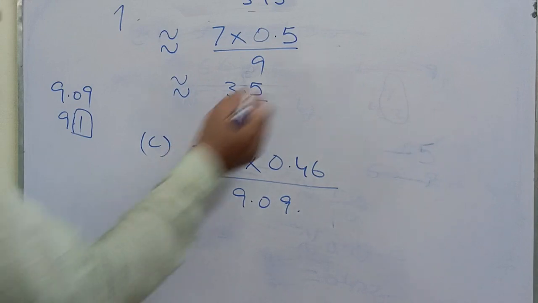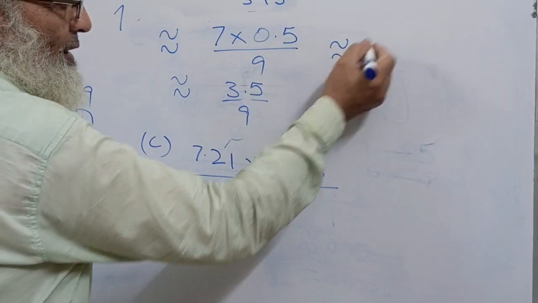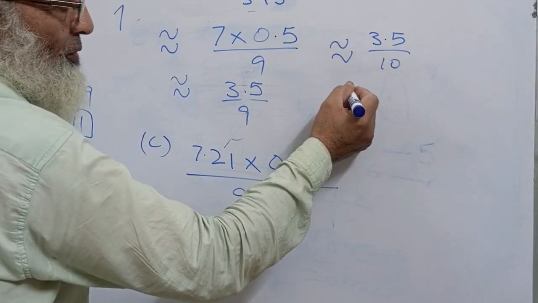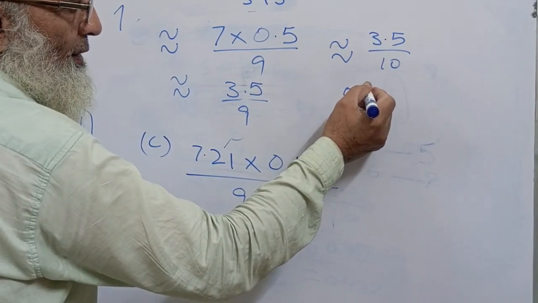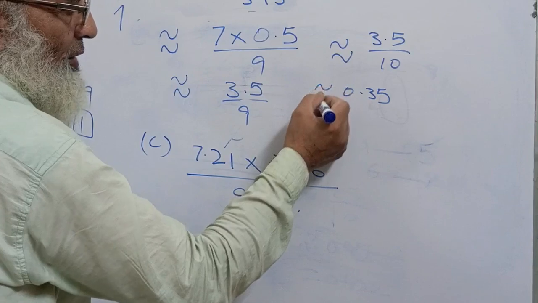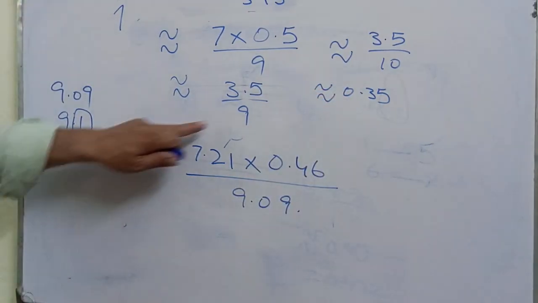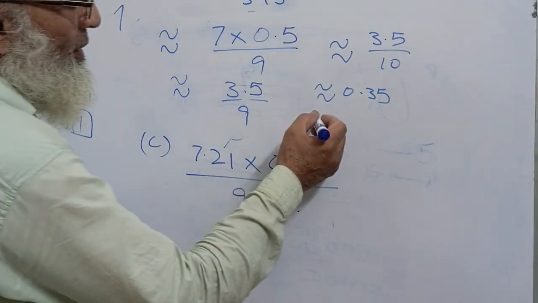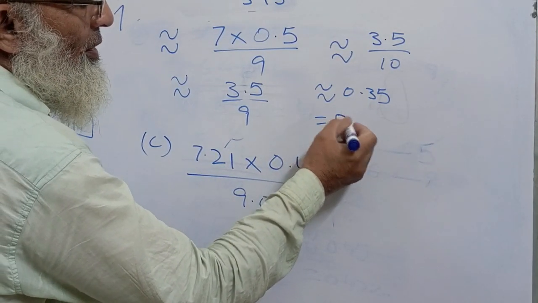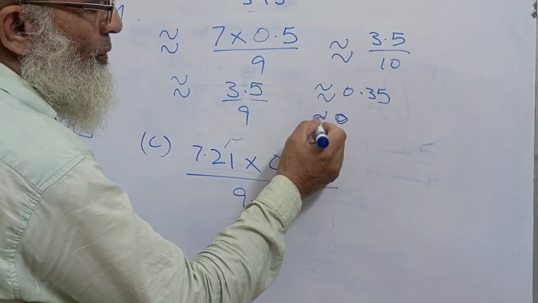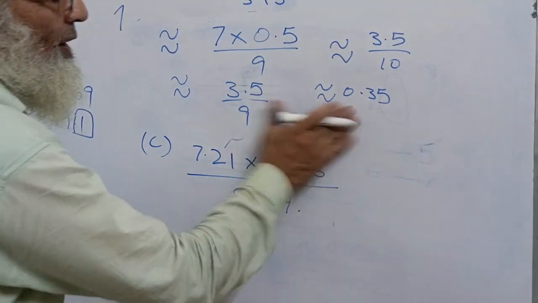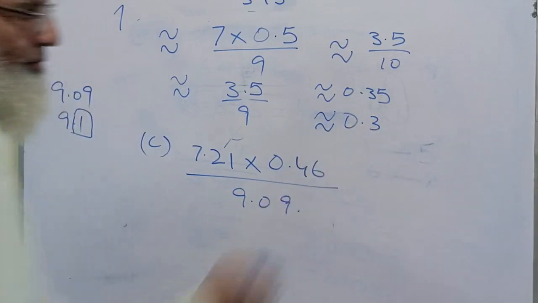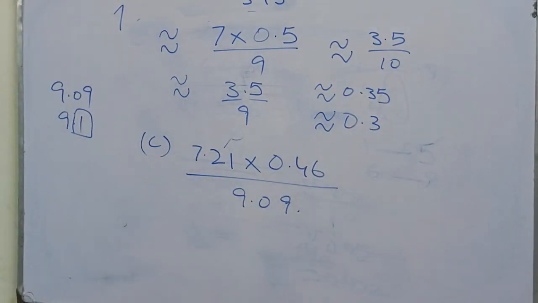If you take it as 10, since it is estimation, 0.35 will be your answer. But if you take this one, then your answer will be 0.38.